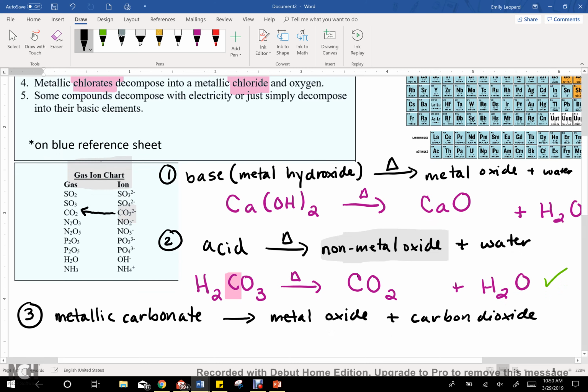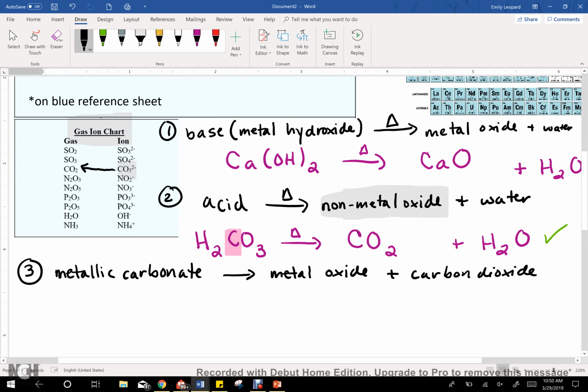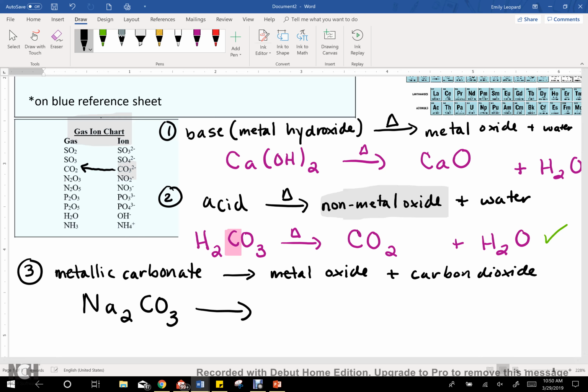Okay, so again, I'll give you the reactant, and then you need to predict the products using the rule. So let's say we've got sodium carbonate here. Again, here's our metal, and then the carbonate, which I knew from my polyatomic ion sheet.